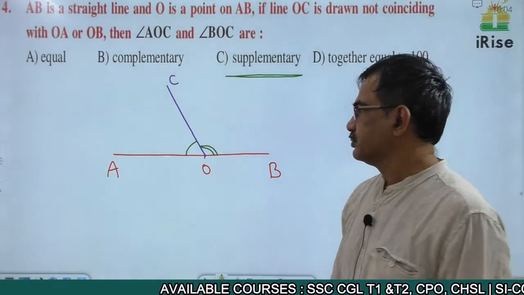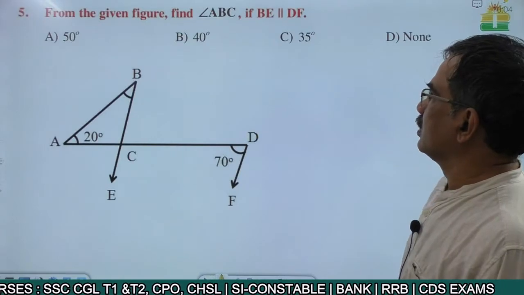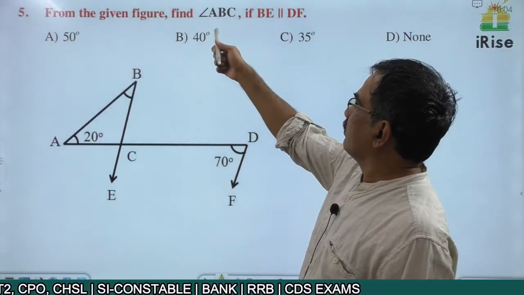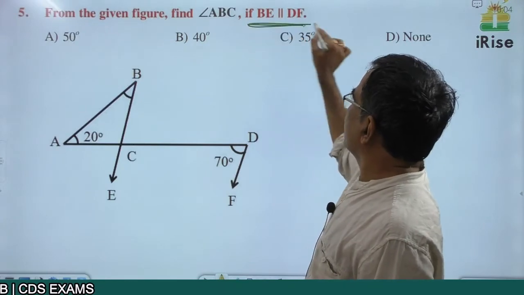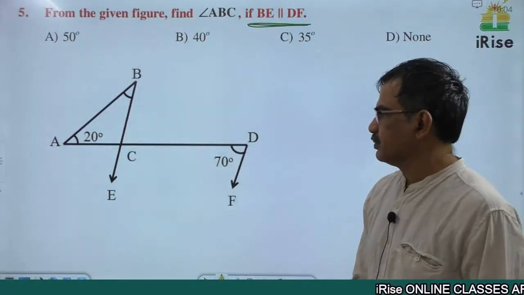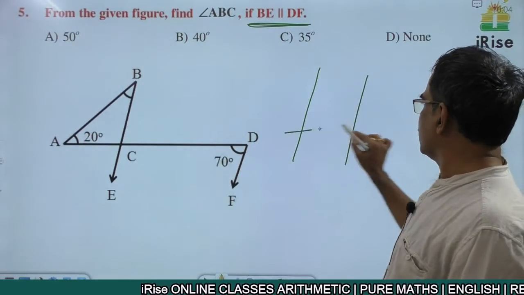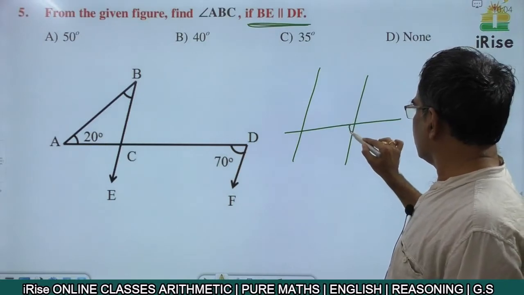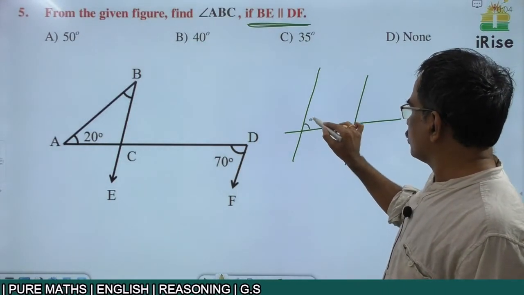Next question. From the given figure, find angle ABC if BE is parallel to DF. BE, this line, is parallel to DF. If two lines are parallel and this is a transversal, if this angle is 70 degrees, then this angle is also 70 degrees.